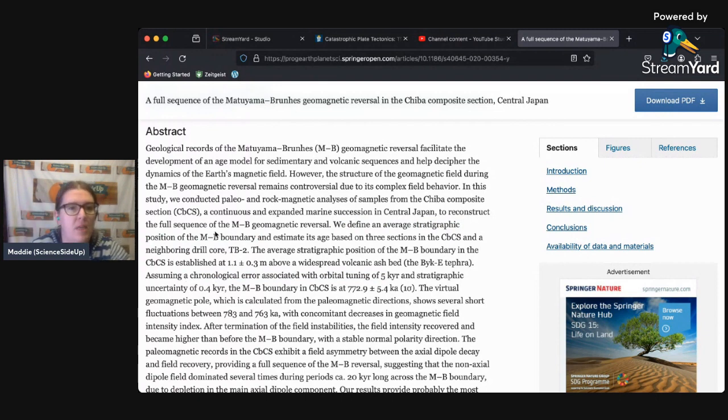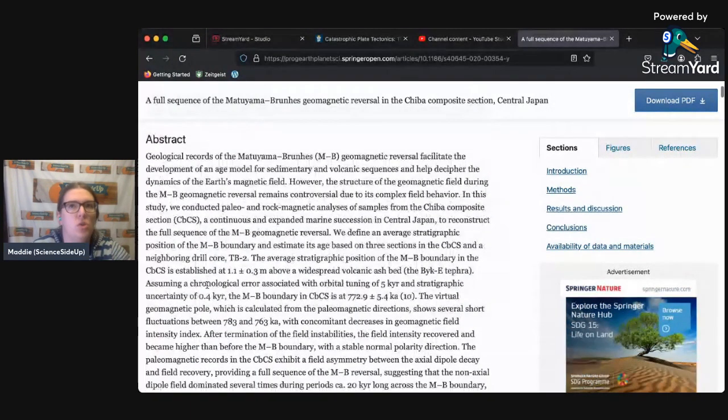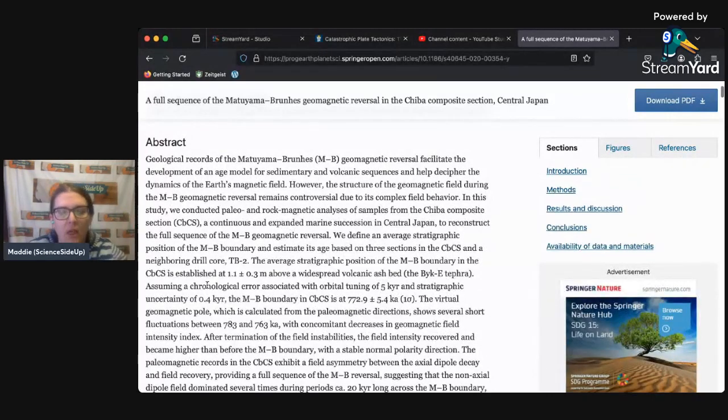So this is going to be a specific geomagnetic reversal that was found that you can use globally in different types of crusts to identify time periods. Gotcha. We won't jump into all the details of that. Cool. So let's go back to the paper and see what this has to say.